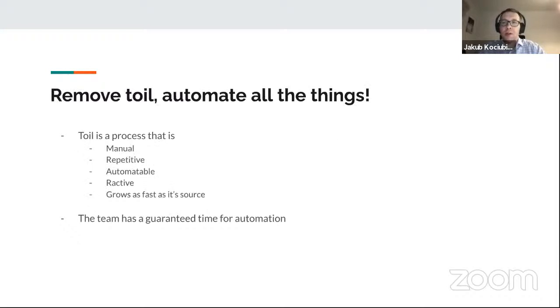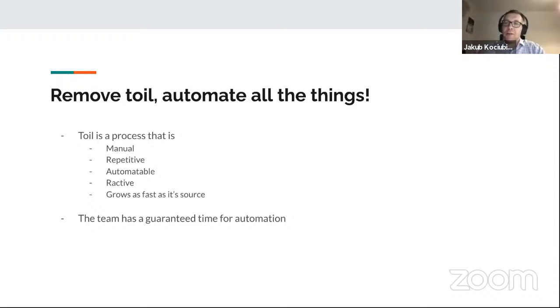What SRE is also focusing on is removing toil. Toil is doing a manual, repetitive process that grows as fast as the source of that process. If you have to register each user manually, or do something for a user manually, the more users you have, the more manual toil you have.